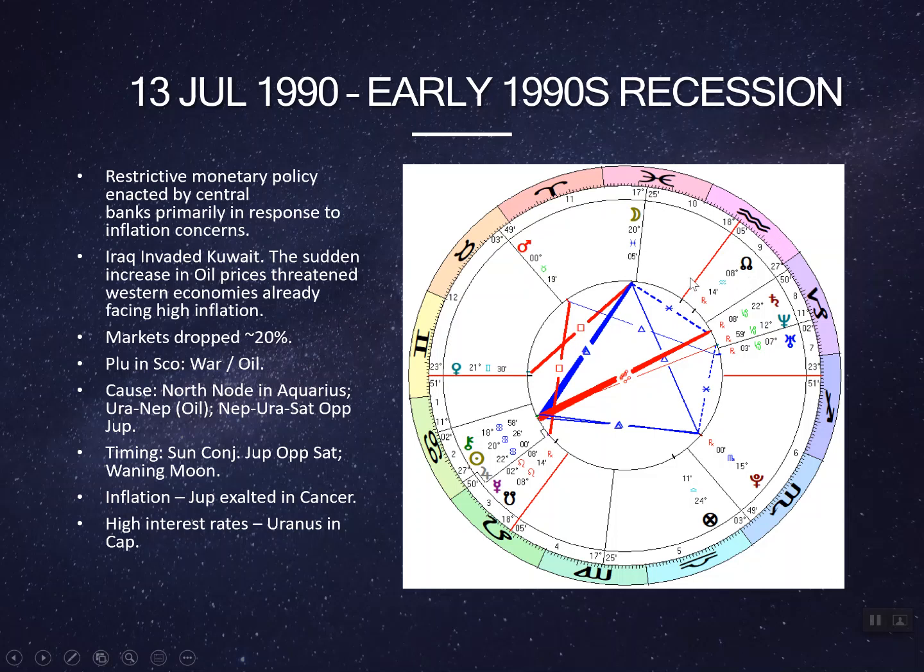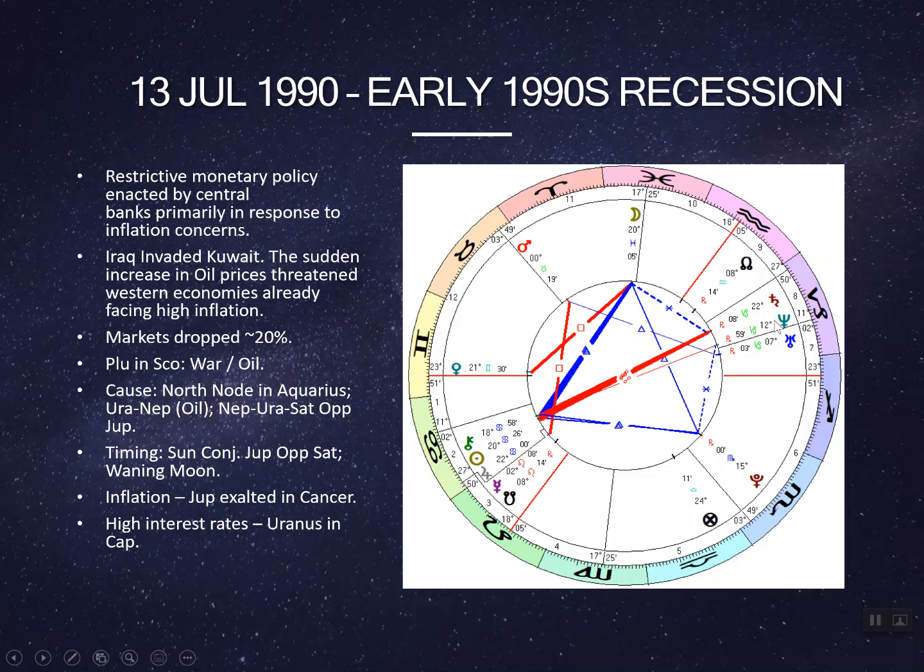Another important factor to note is that the outer planets, Saturn, Uranus, and Neptune, are all forming a stellium in Capricorn. Capricorn rules over the government, and it does rule over markets as well, and business activity, the banks, the most established industries within a country.